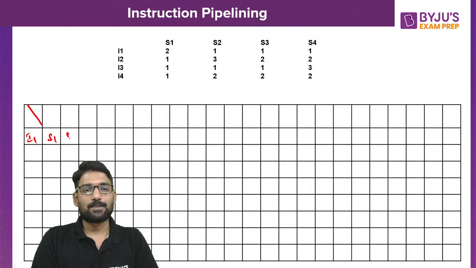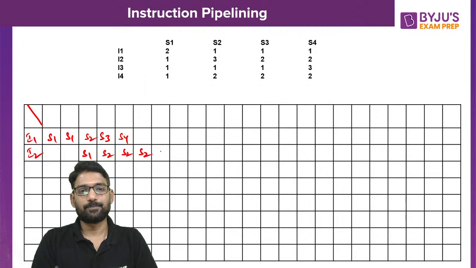I1: stage 1 requires 2 cycles, stage 2 requires 1 cycle, stage 3 1, stage 4 1. Then I2: stage 1 requires 1, stage 2 3 clock cycles, stage 3 2 clock cycles, stage 4 2 clock cycles.